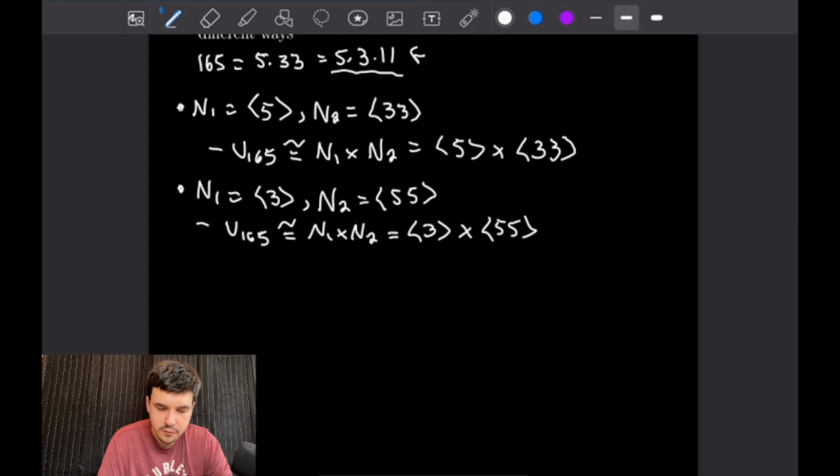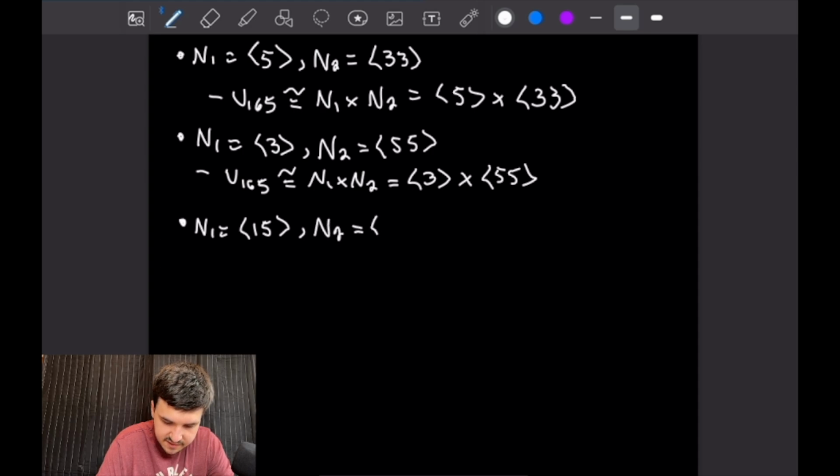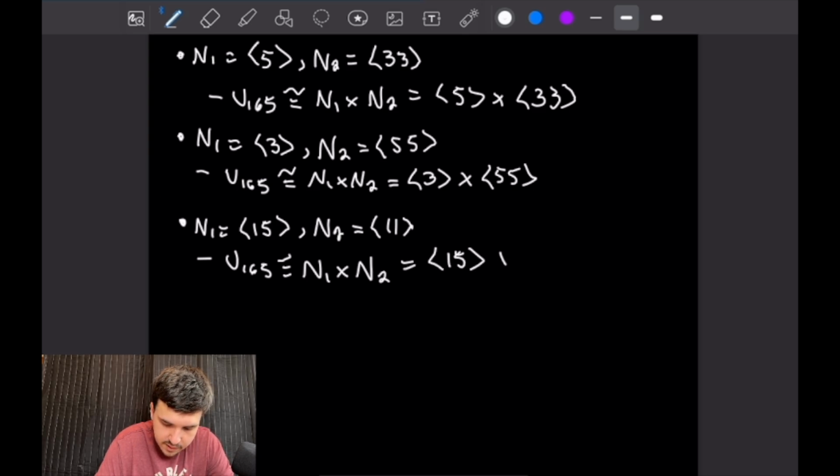So now we only have 2 more to go here. So let's go ahead and do our third one, and that will be N1 is equal to the set generated by 15, and we'll have that N2 is equal to the set generated by 11, and we will have that U165 is isomorphic to N1 cross N2, or in this case, the set generated by 15 cross the set generated by 11. Great.